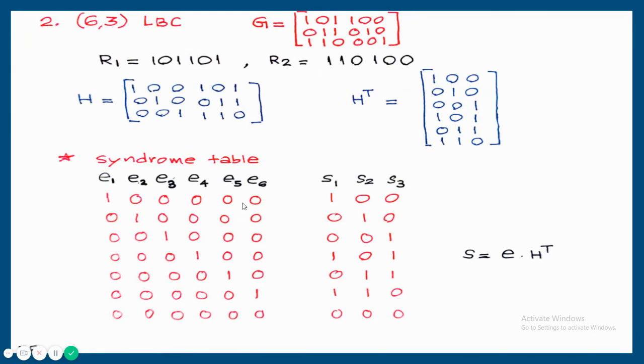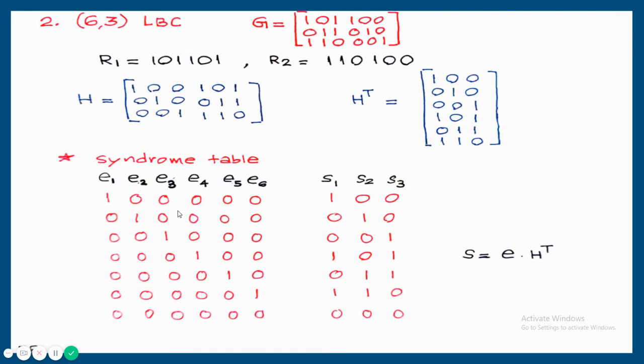Here I am showing a total of 7 error patterns: a single 1 and 5 zeros, write all combinations. There are 6 combinations and the final one will be complete 0. That complete 0 is an indication there is no error. And a single 1 is an indication there is 1 bit error, because that is the only capability of the system. A 2 bit error can occur, a 3 bit error also can occur, but the system will never detect that error.